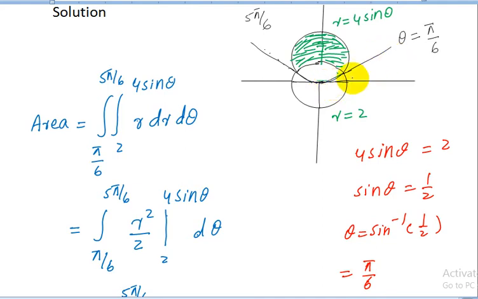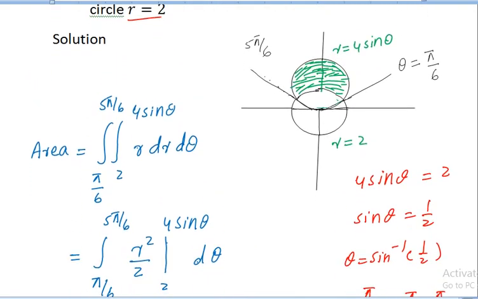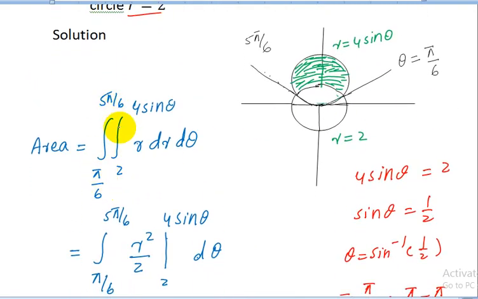We know that sine is positive in the second quadrant, and the second angle is found by the relation pi minus pi by 6, which is 5 pi by 6. So the variation of angle is pi by 6 to 5 pi by 6. So here theta varies from pi by 6 to 5 pi by 6.